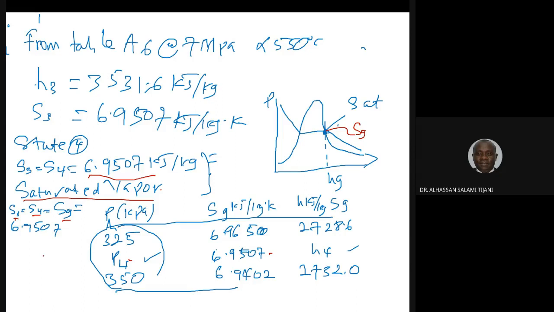You can take, let's say, 400 and 450. You put 400 here and 450 here, and then you put your P here. The entropy should correspond exactly to this P4. At 400 you find the entropy and enthalpy, then at 450 you find the entropy and enthalpy, then you do the interpolation. You come out with the same result.